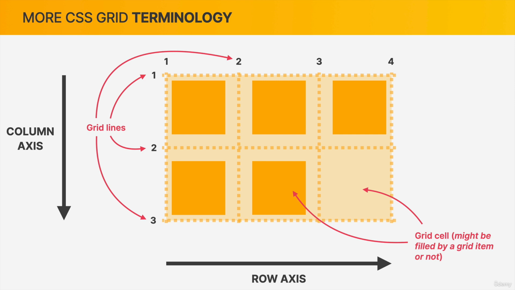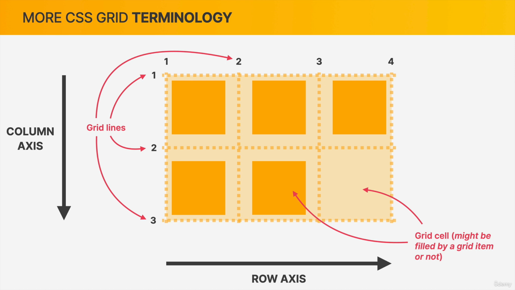So in this case, we only have 5 grid items, but there's still 6 cells, simply because this is a grid with 3 columns and 2 rows. And so 3 times 2 makes 6. So again, each of these spaces is called a grid cell, but they don't always need to be filled by a grid item, and also they don't need to be filled entirely.